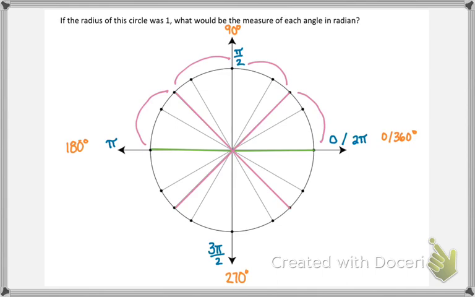So each one of these angles I highlighted is just a fourth of pi, right? 1 pi is 180 degrees. This angle right here looks like it's a fourth of that. So this angle is pi over 4, or 1/4 of pi. And then another 1/4 would be 2/4 pi, and 2/4 reduces to 1/2. And then this next angle would be 3/4 pi.